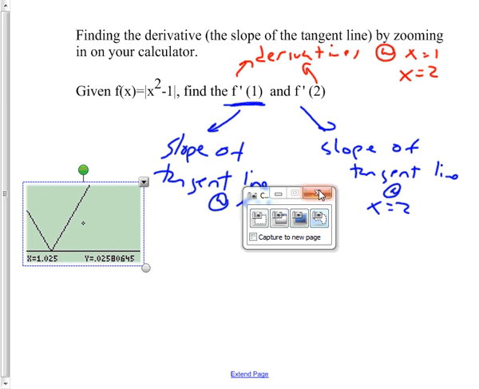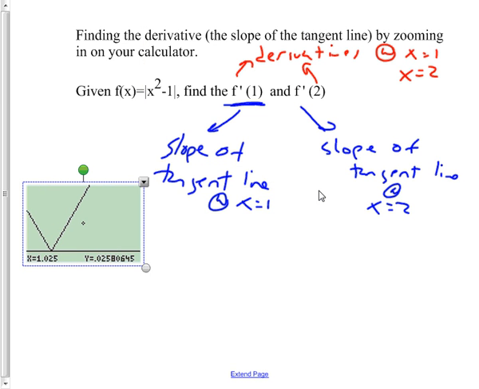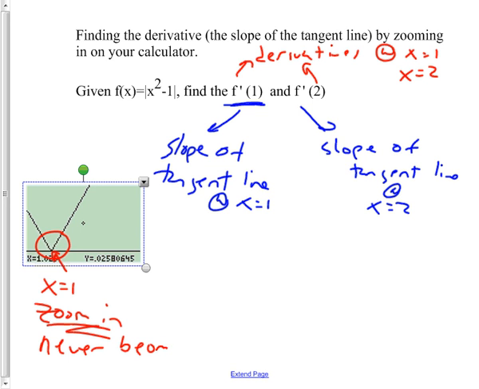Here's the point, x equals 1 right here. No matter how much we zoom in on this area, it never becomes a line.